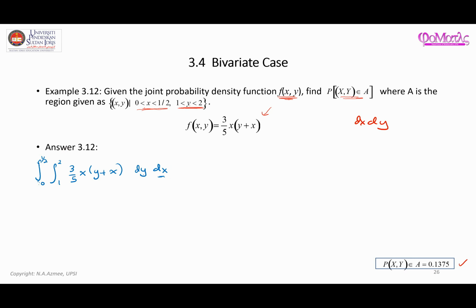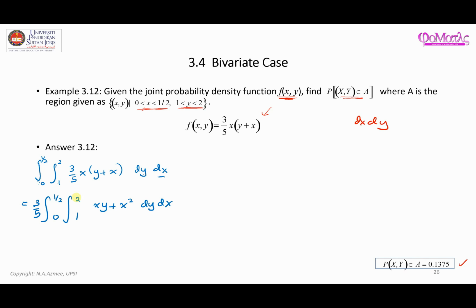We can see clearly that 3 over 5 is a constant, so we can put it outside. So we have 3 over 5, integral from 0 to 1 over 2, integral from 1 to 2, and I'm just going to expand this expression: xy plus x squared, dy dx.